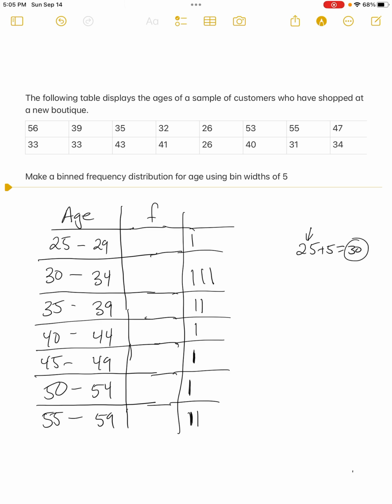Another 33, a 43, a 41, a 26, a 40, a 31, and a 34.